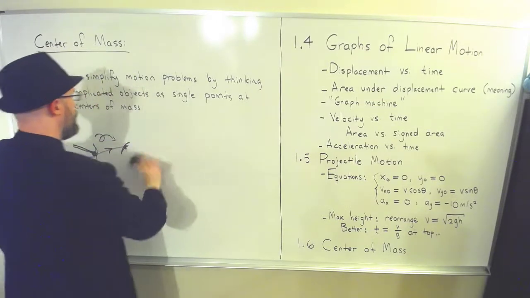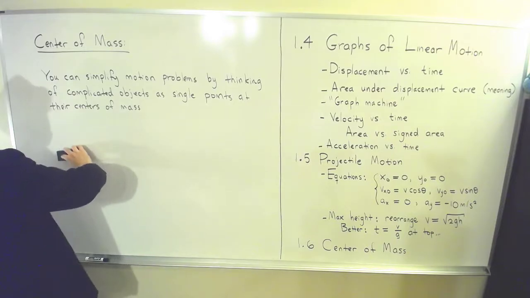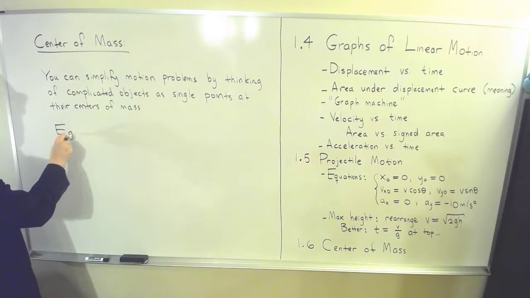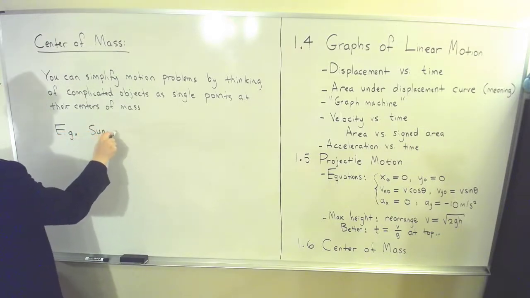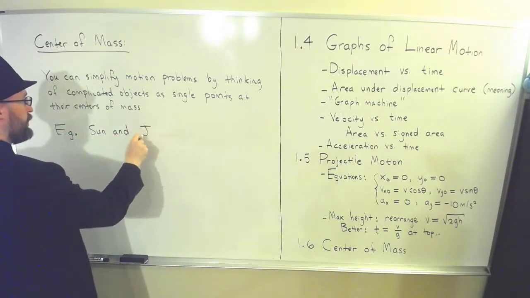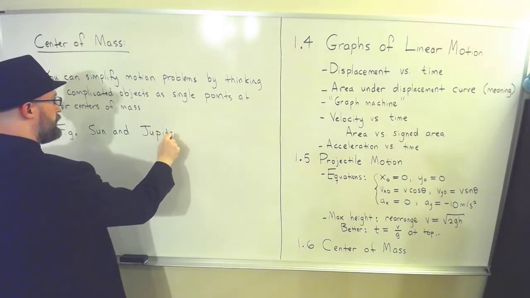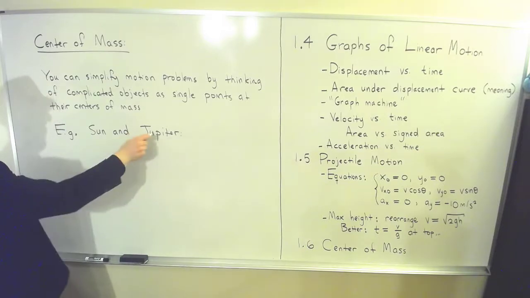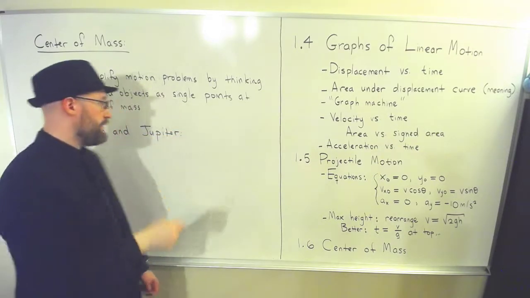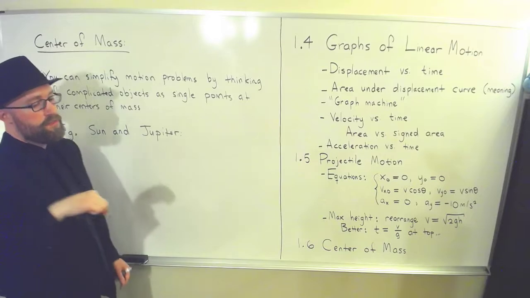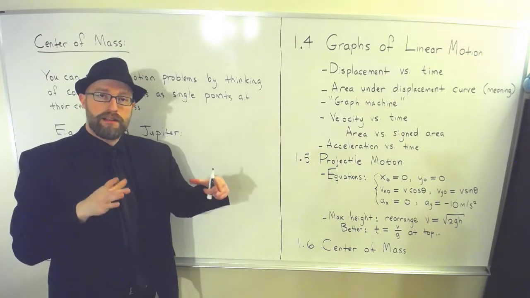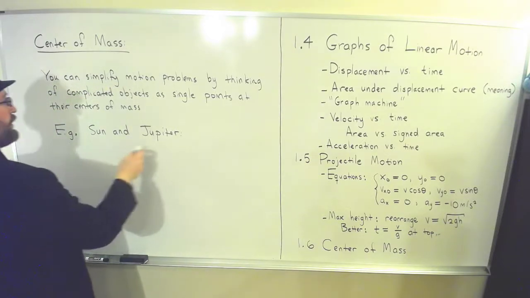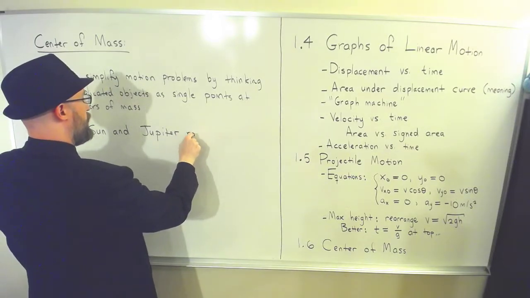One more example of this is the solar system. So I'll say, e.g., the sun, and we'll just say Jupiter since it's bigger than all the other planets. So you usually think of Jupiter as rotating around the sun. Well, it doesn't. Both Jupiter and the sun rotate together around their common center of mass.